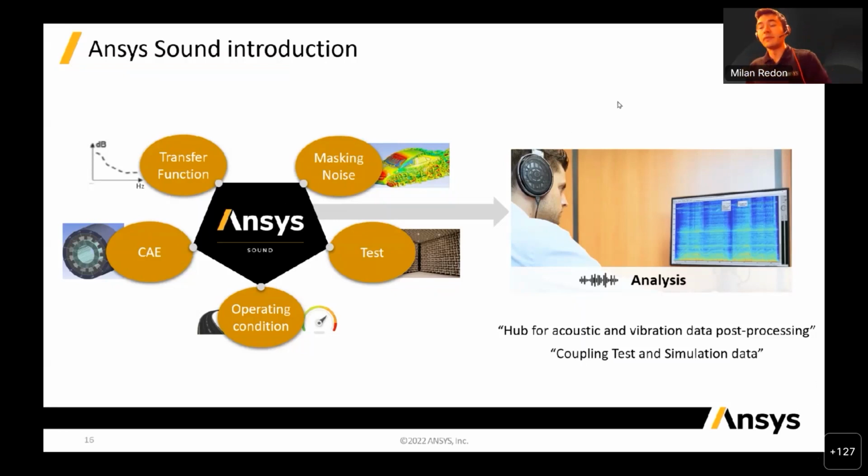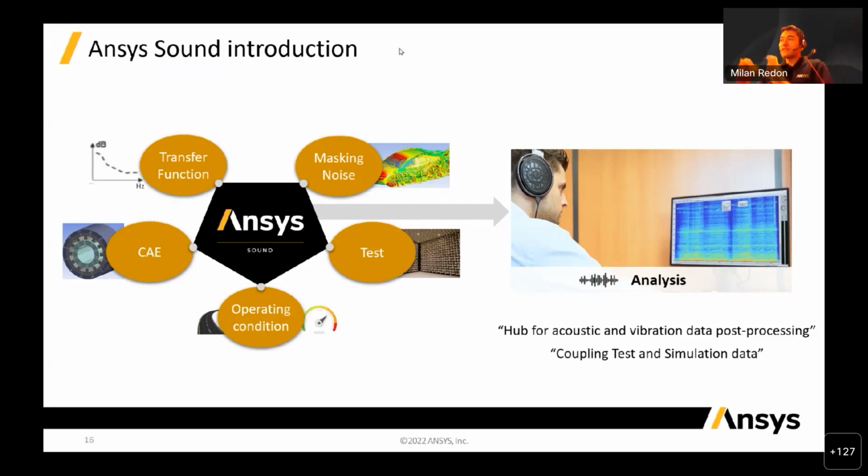And you will have to listen to the data, to compare the data, but also to apply transfer functions, operating conditions like rotation speed versus time, or temperature versus time that can make a sound vary with time, and also to apply masking noise.